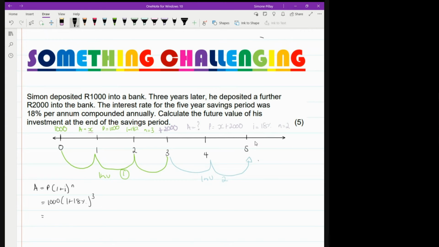That's the other way we could do it. But if we're going to use 1,000 rand, then it would have to be over 5 years. Because remember, we earned interest on my 1,000 rand over 5 full years. And I would have to do a separate calculation for my 2,000 rand that was only invested for 2 years.